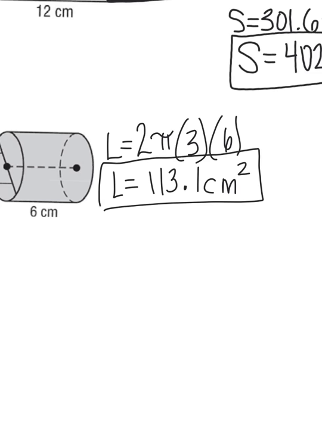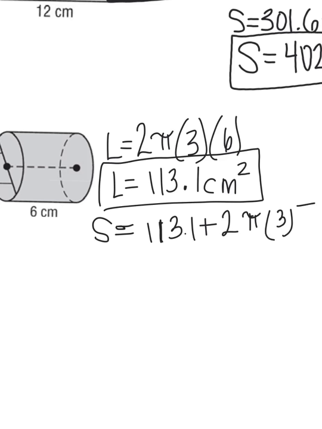For total surface area, I'm going to take the lateral and add both bases to it. So total surface area, 113.1 plus 2 pi r squared.